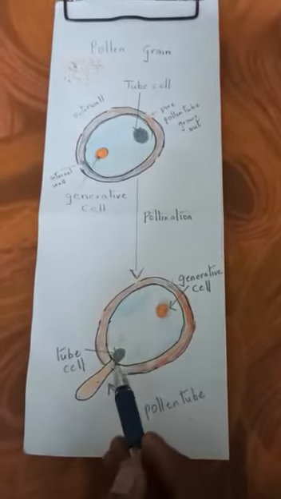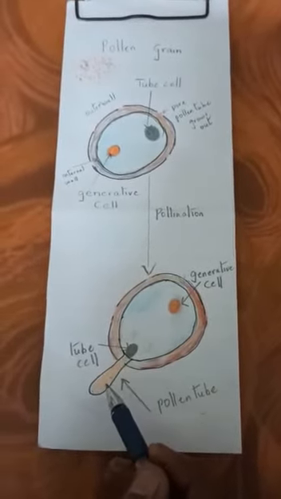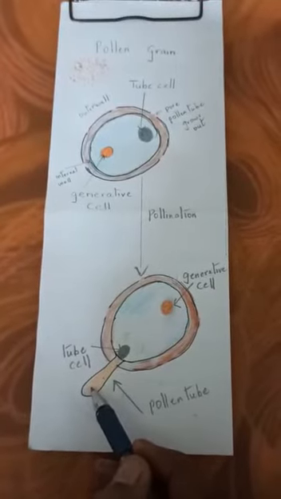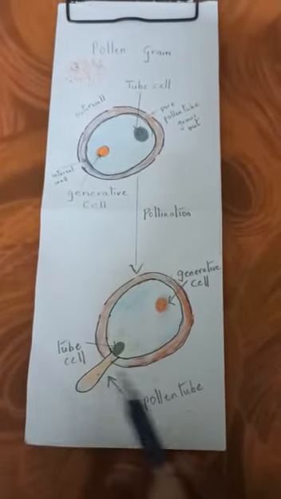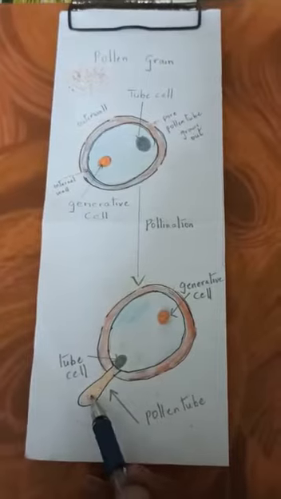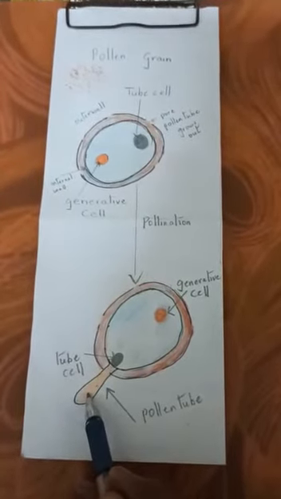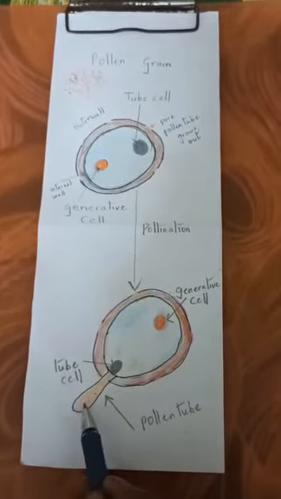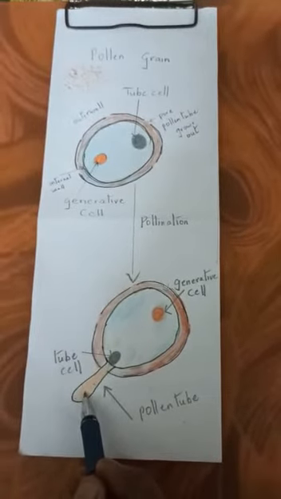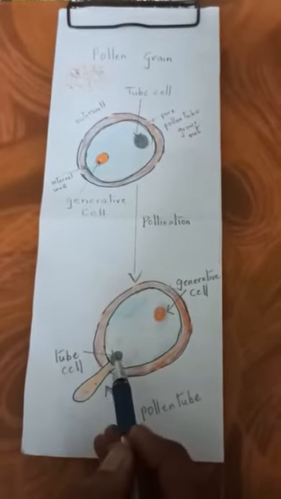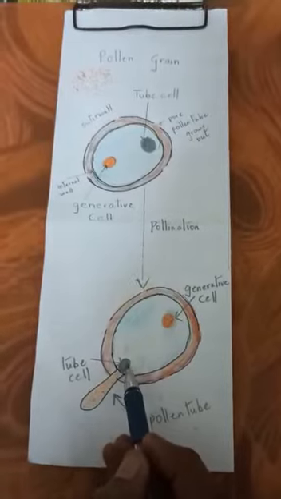Now, the tube cell will enter the pollen tube, and also the generative cell will enter the pollen tube. Now for the growth of the pollen tube, you require food, you require energy. All this is there with the tube cell.